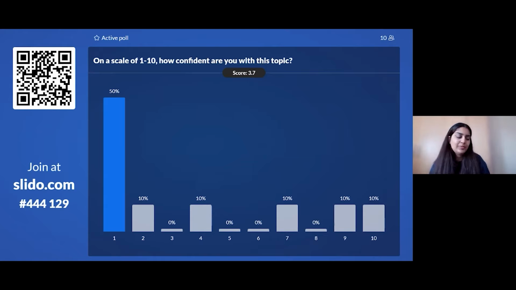Hopefully we can get a little more than 10 responses, because there are more students in the class and I want a good sample of the class to respond to the polls.